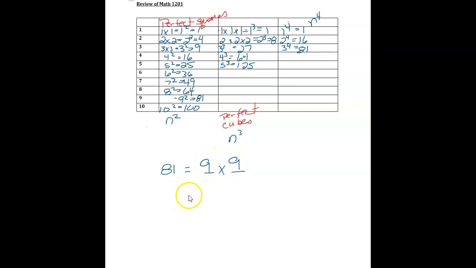So 9 multiplied twice would give me 81. That procedure in math is called a radical. So here's the new part for you. How you would write that is square root of 81. So this means what number multiplied by itself gives you 81? 9.